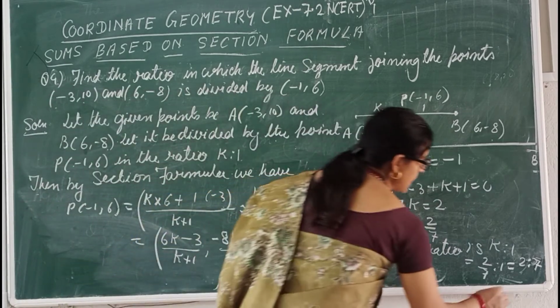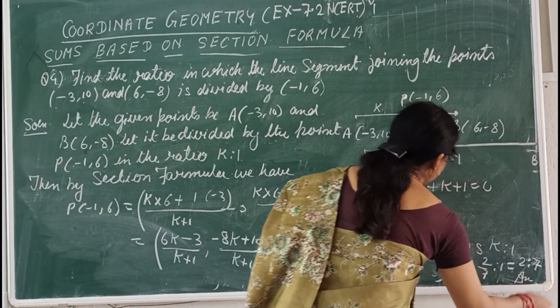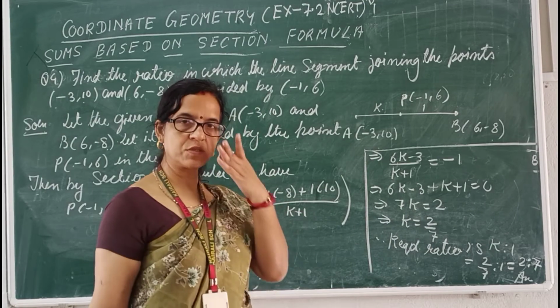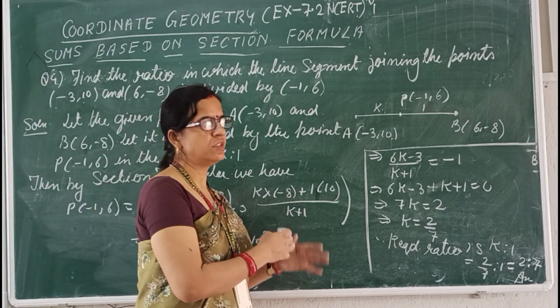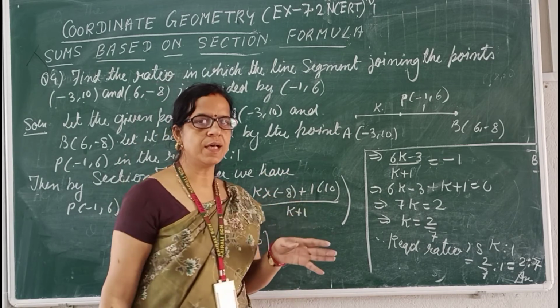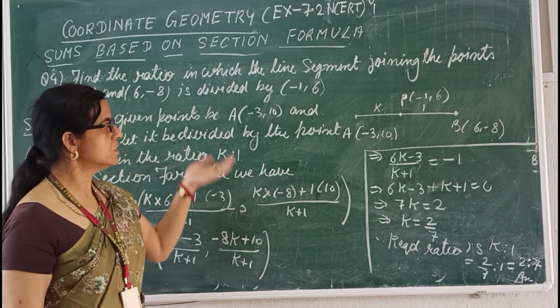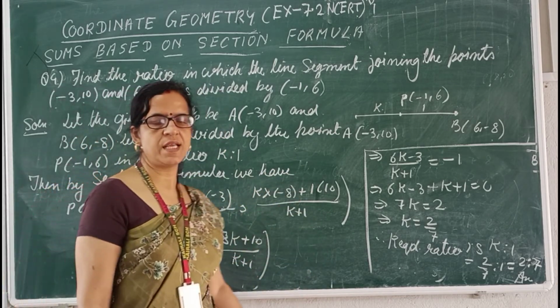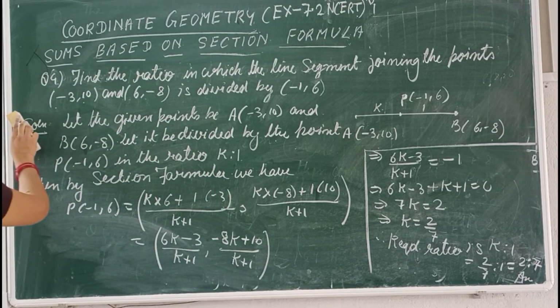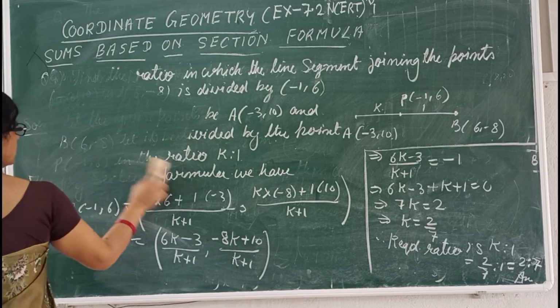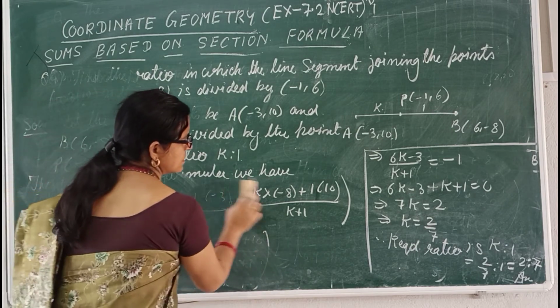Children, this type of question is important and a 2 marks question. This type of question or concept is asked in every year's question paper. So please practice such questions properly. Let us move to the next question.